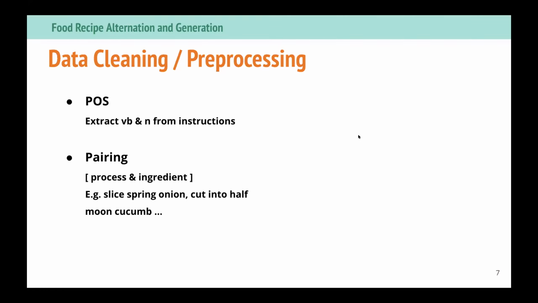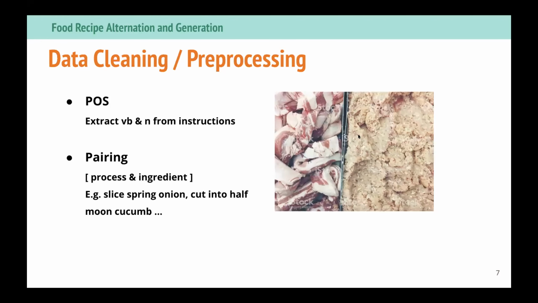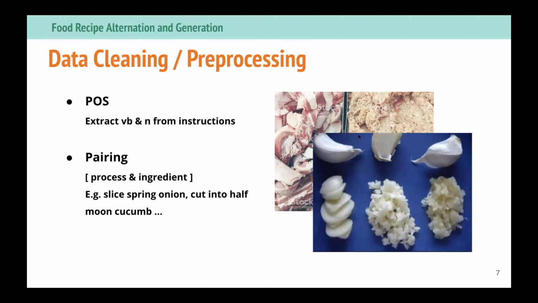We made some additional steps like pairing cooking process and ingredients relatively. For example, we have brown rice cooked, or garlic minced, or chicken tender chopped. It specifies the process of cooking, helping us search for similar recipes more accurately.